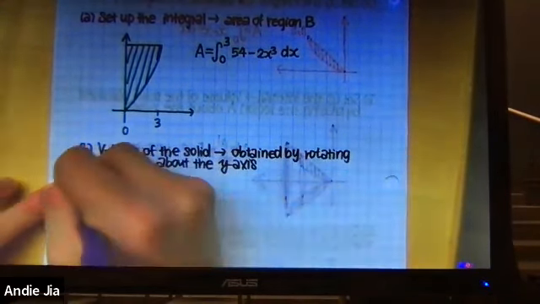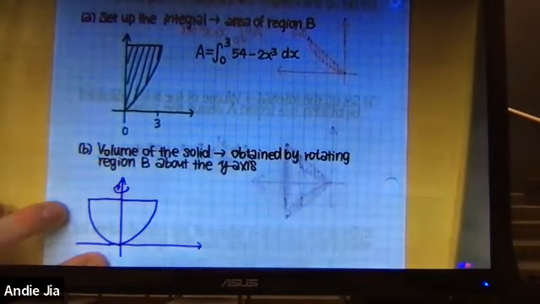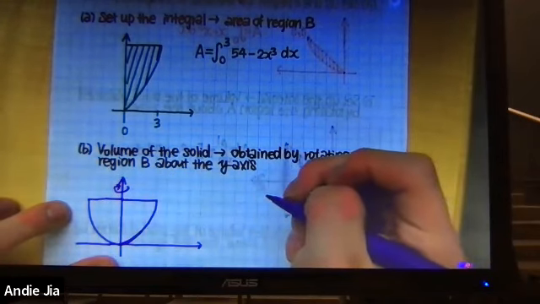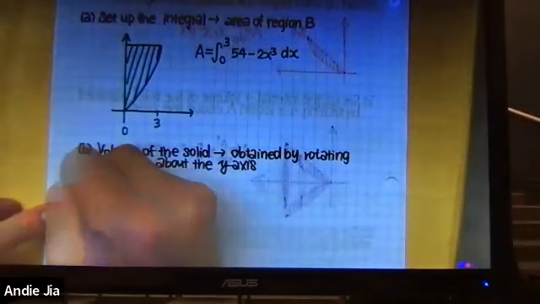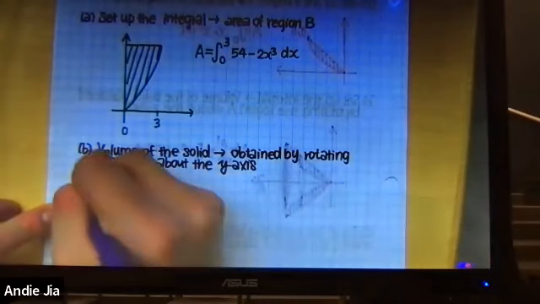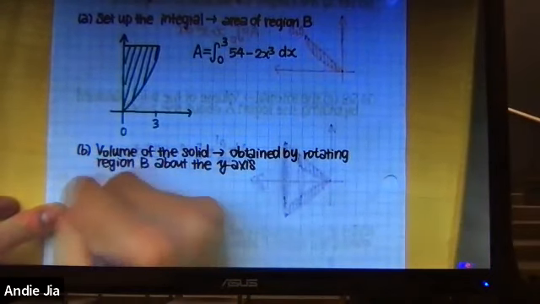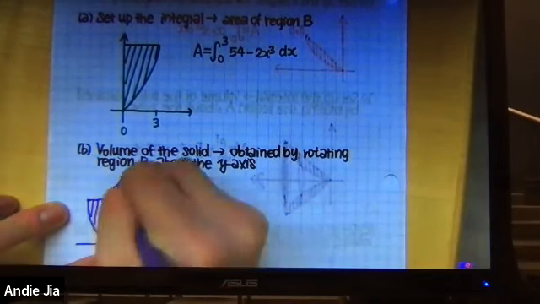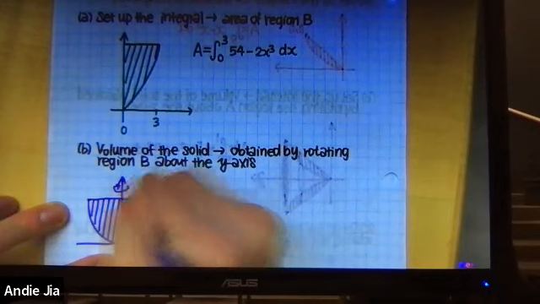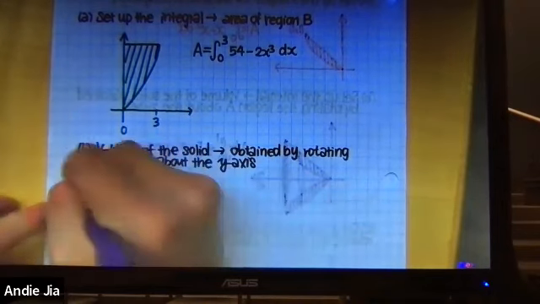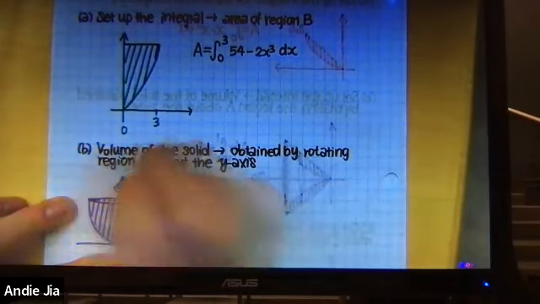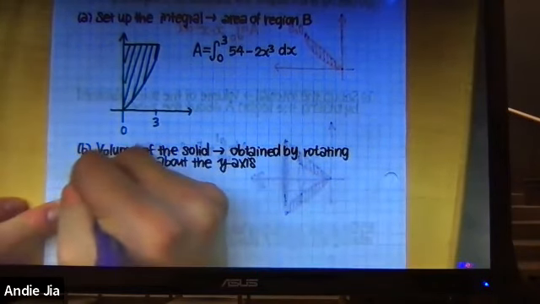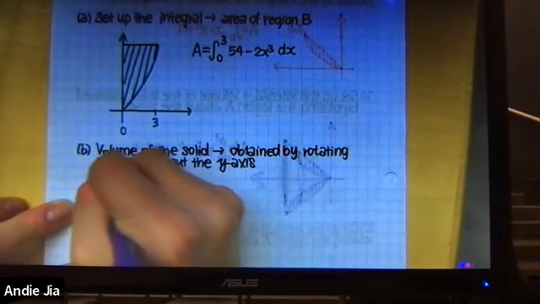This is like the wall, the shell we want to produce. This is the region, and this is the shell we want to see.